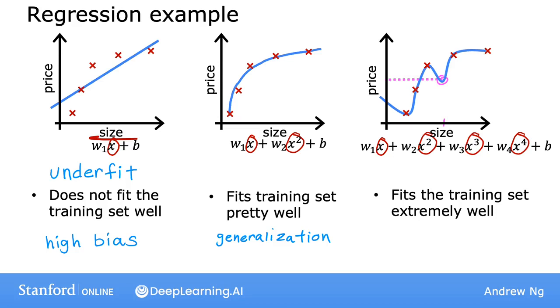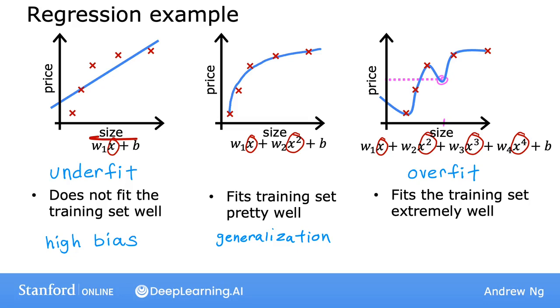So we don't think that this is a particularly good model for predicting housing prices. The technical term is that we'll say this model has overfit the data, or this model has an overfitting problem. Because even though it fits the training set very well, it has fit the data almost too well, hence it's overfit.